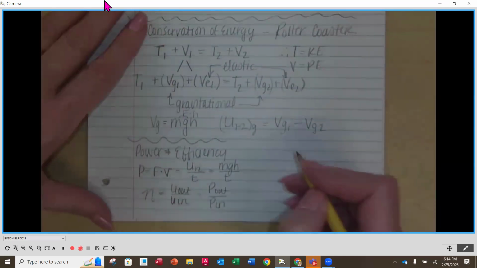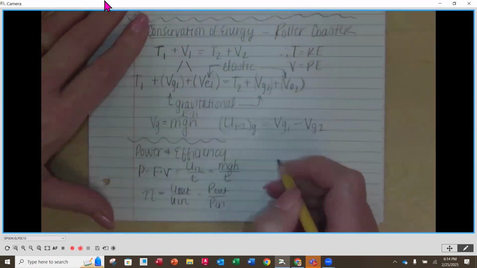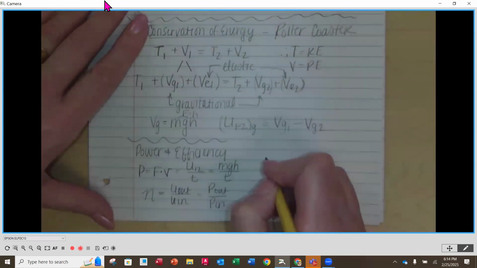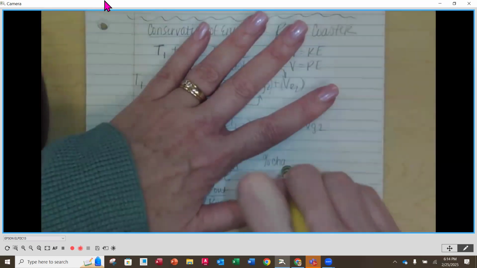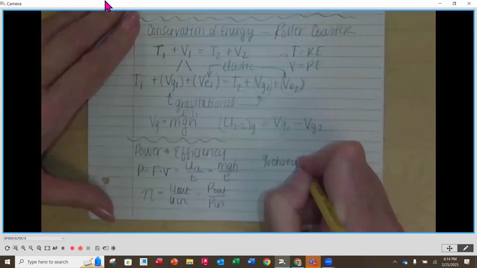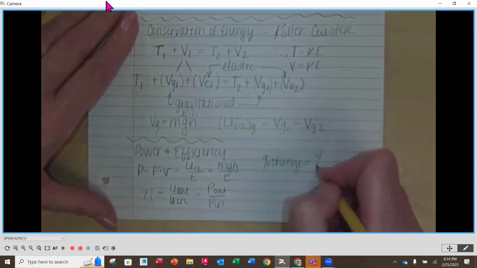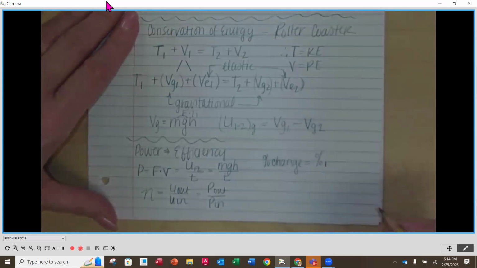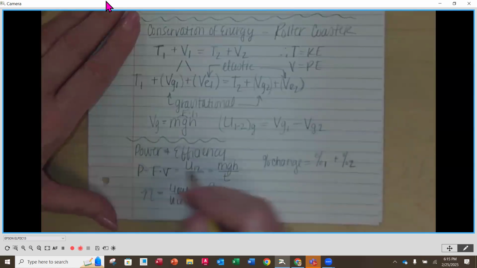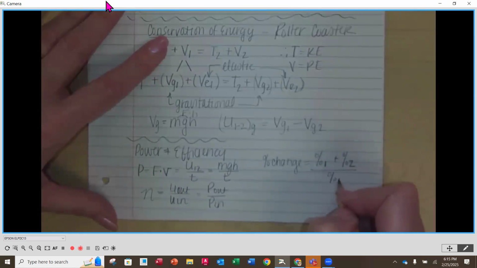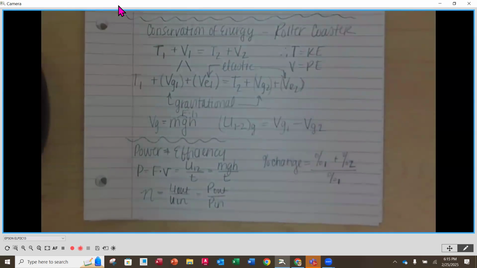Now, additionally, there's going to be a problem where you need to determine the percent change. Okay, so percent change, let's see, there's an N in there. It's going to be equal to, I'm going to do it like this, %2 minus %1 divided by %1. Okay. We'll be using that in one of our problems.